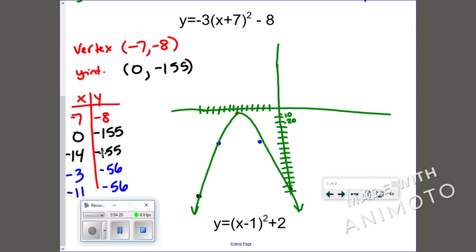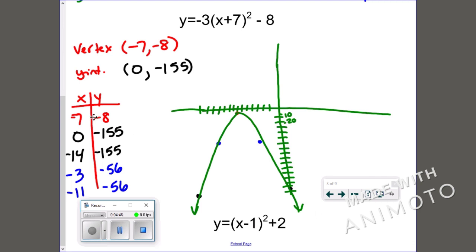And just so we didn't have to graph anything even bigger, I wanted numbers in between 0 and -7, so I chose, I don't know, -3, and got -56. If you chose something else, like -2, -1, -4, -5, -6, any of those would work. Obviously, it's going to be a different y value, though. So -3, -56, and then -11, -56 for your ordered pairs there, or what I got.